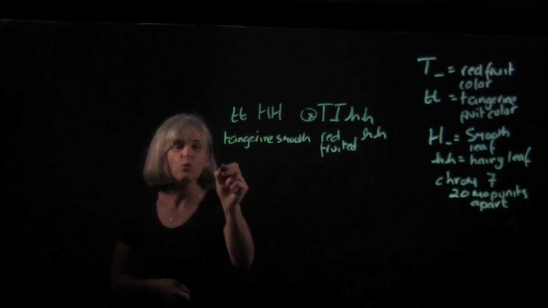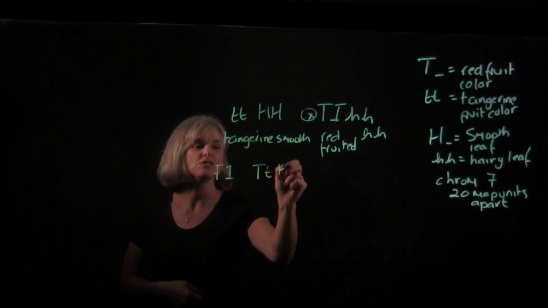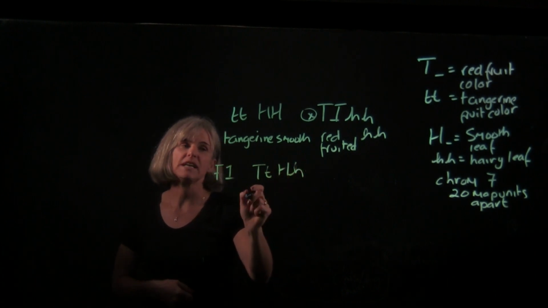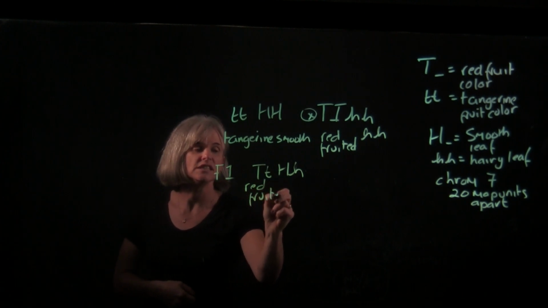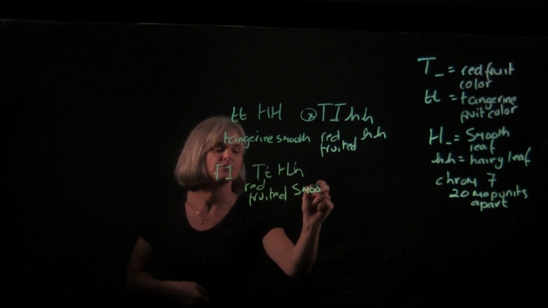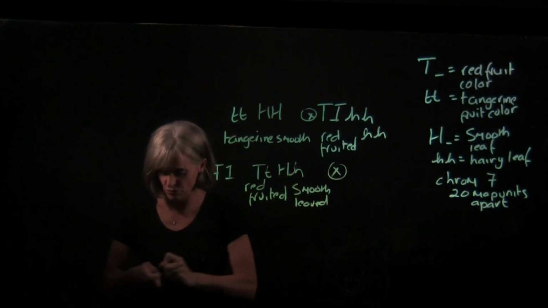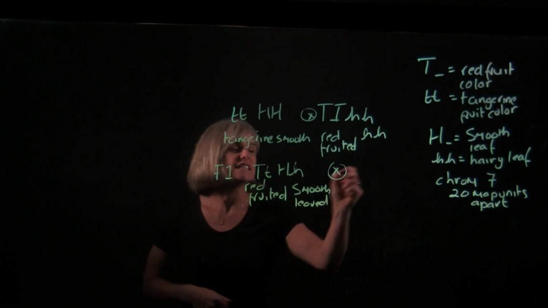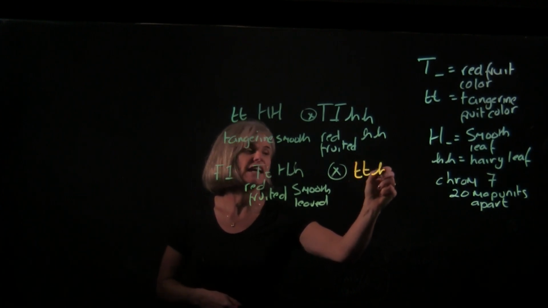And the F1 plants, which were double heterozygotes, we would expect those to be red fruited and smooth leaved. And they were test crossed with a homozygous recessive tangerine fruit colored plant that had hairy leaves.